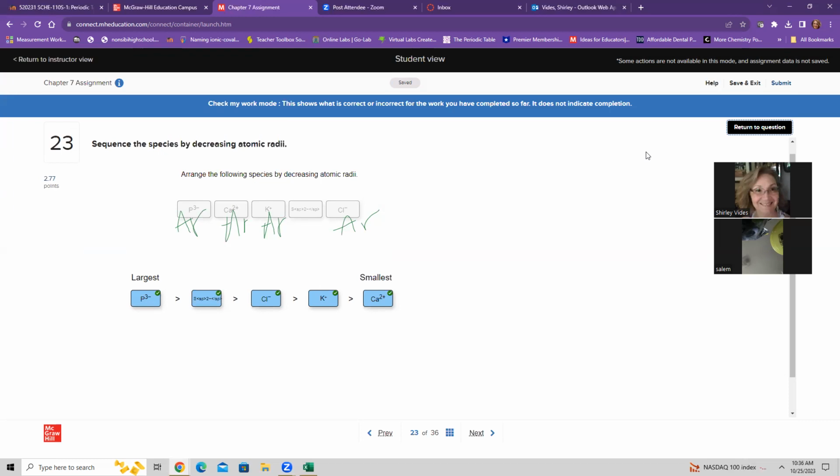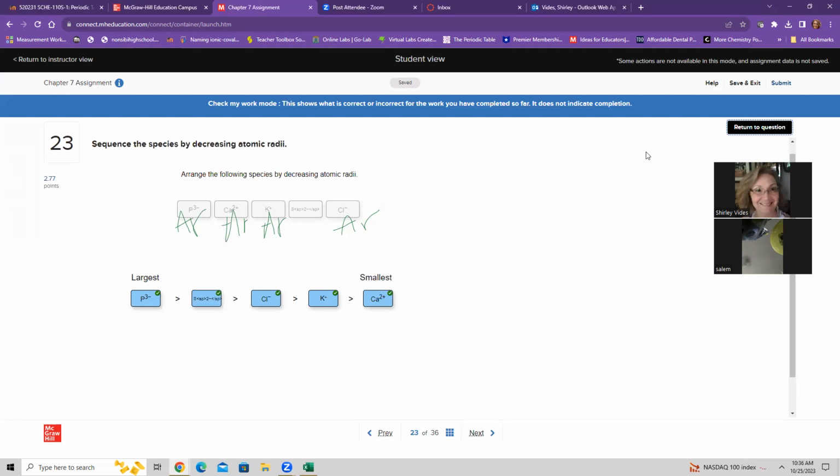So the more electrons you add, obviously, the larger it gets. I didn't realize that until just now. But actually, the truth is that phosphorus was larger already. And the reason I put them like that is the more electrons you lose, the smaller.